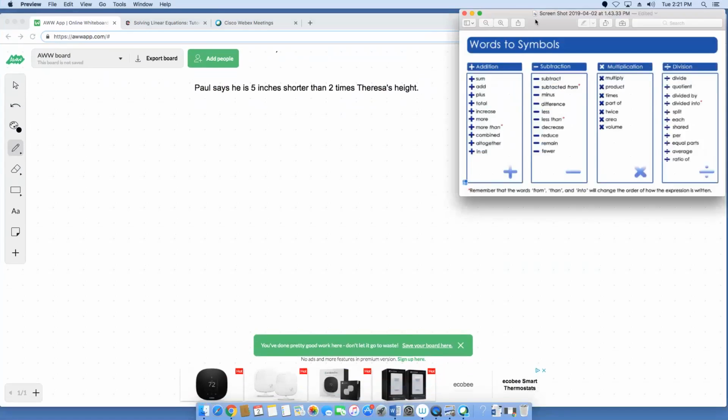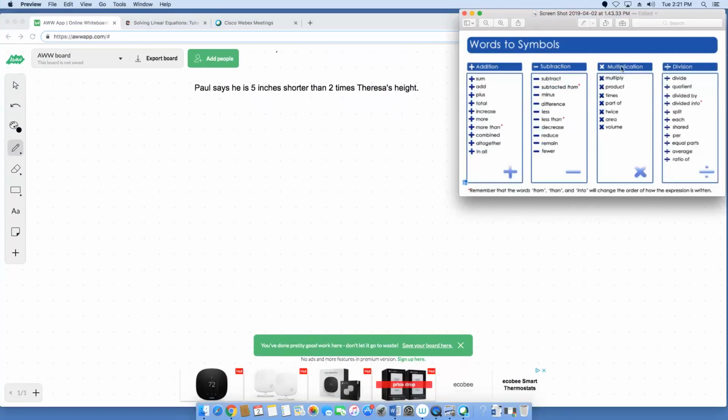Okay. So words to symbols. This chart is also in your assignment. It gives you all these words which you would use for addition, all these words you're going to use for subtraction, multiplication, and division. So let's go ahead and try and use this chart.